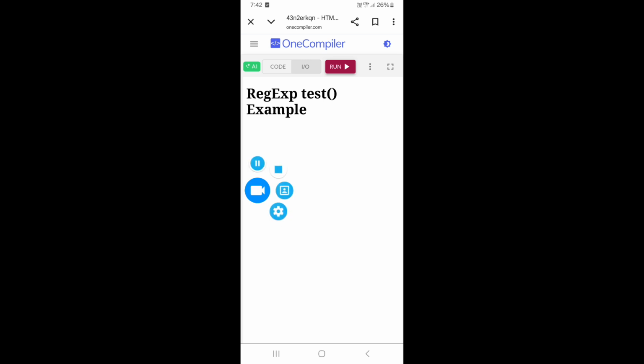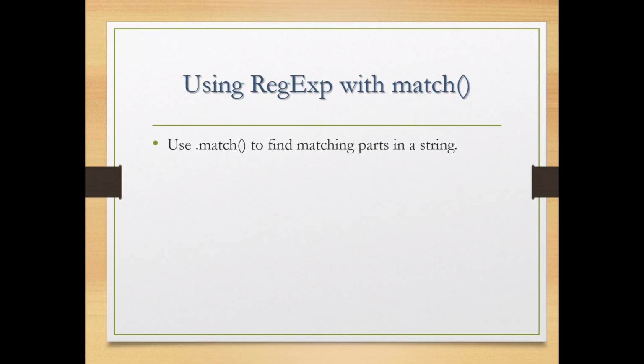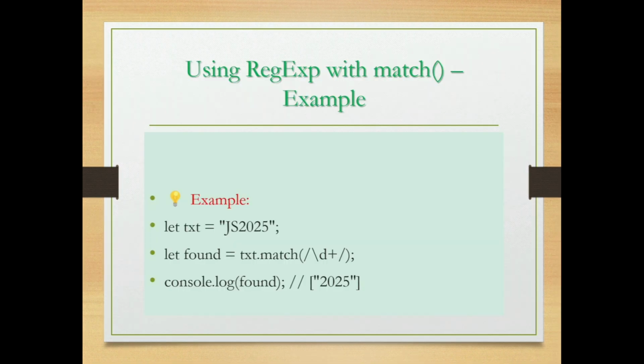Next we will see using match of in regular expression. Using dot match of to find matching parts in a string. Next we will see one simple example for this. Here I am taking a variable text.